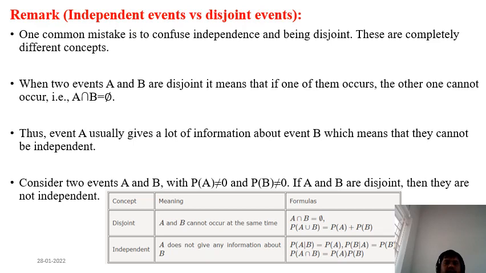Now, a few further remarks. Sometimes there is a misconception that people are unable to identify the difference between independent and disjoint events. There is a big difference. One common mistake is to confuse independence and being disjoint. They are completely different concepts. When two events A and B are disjoint, it means that only one of them occurs. That means if A is happening, B will not happen, or vice versa.